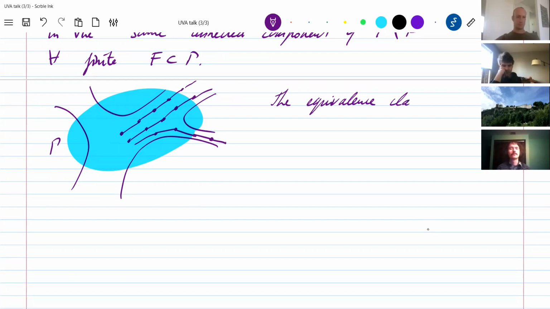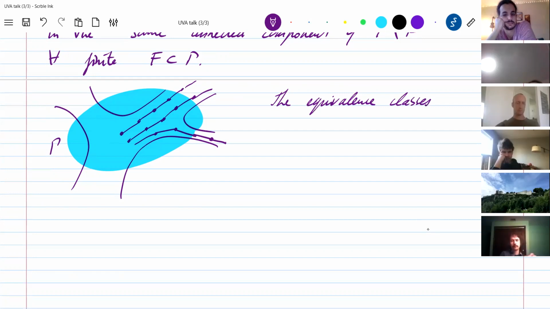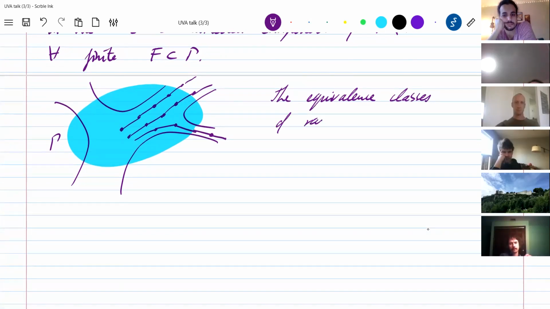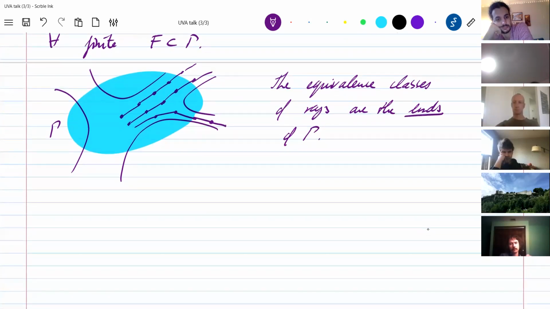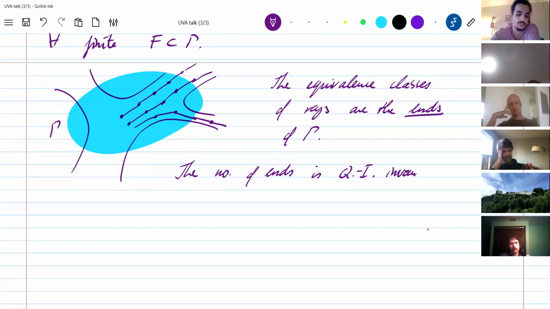And so we can look at the equivalence classes of rays under this equivalence relation, and these are called the ends of gamma. And these ends are quite nice, especially for groups, because the number of ends is actually a quasi-isometry invariant for groups.